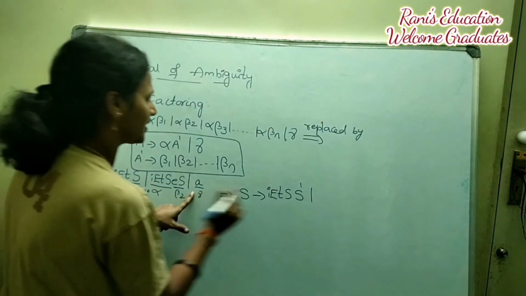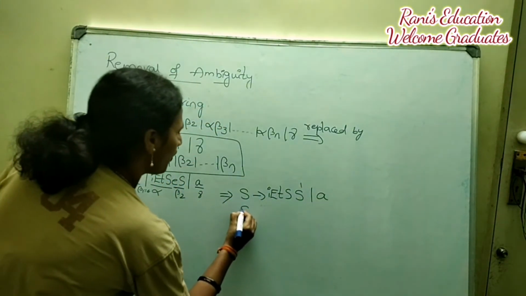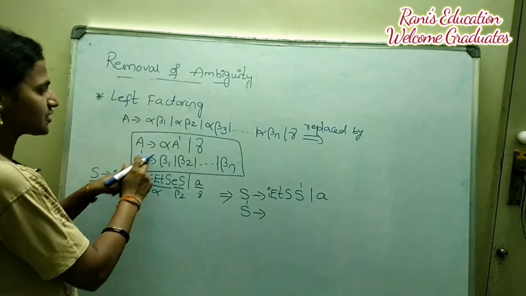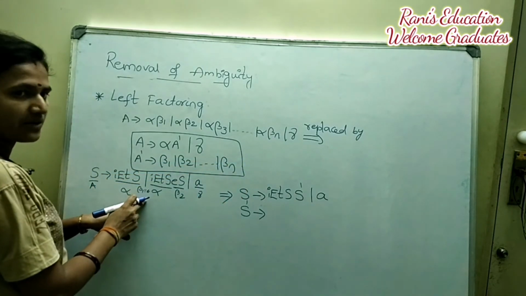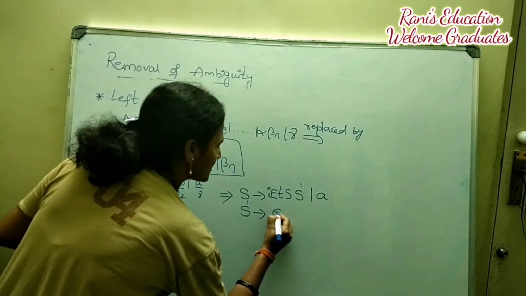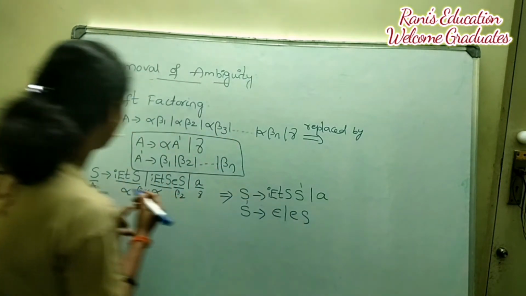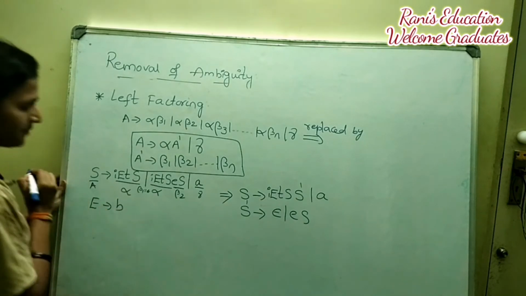What is gamma over here? Small a. Now, what is S dash here? S dash derives beta 1, beta 2, and so on up to beta n. What is beta 1 here? Epsilon is the first. What is beta 2? eS. Here I am going to take one more production, that is E derives small b.